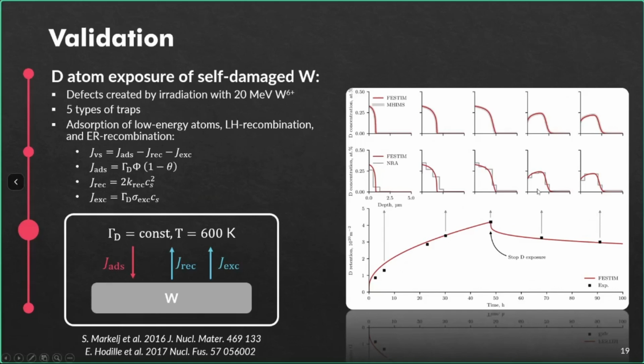And in the figure, you can see a comparison of FESTIM results with the results from MEMS, and also with the results of nuclear reaction analysis. And in both cases, we obtain reasonable agreement.